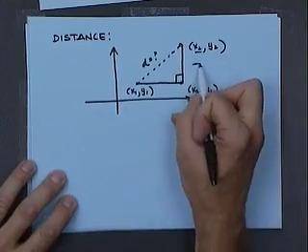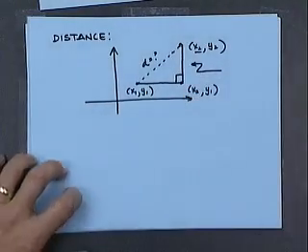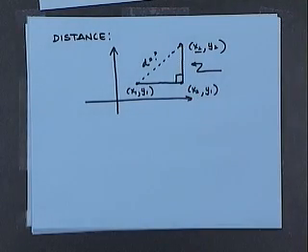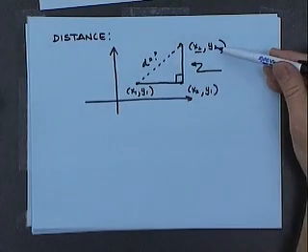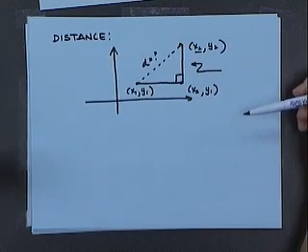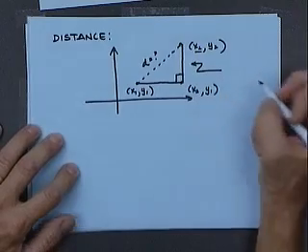So what is the length of that segment, which is one of the legs of the right triangle? y2 minus y1. We're assuming that y2 is above y1, so that difference would be positive. If it's not, we could take the absolute value.